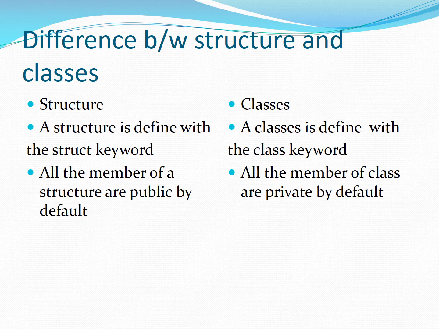All the members of a structure are public by default, but all the members of a class are private by default. This is a major difference between a structure and a class.